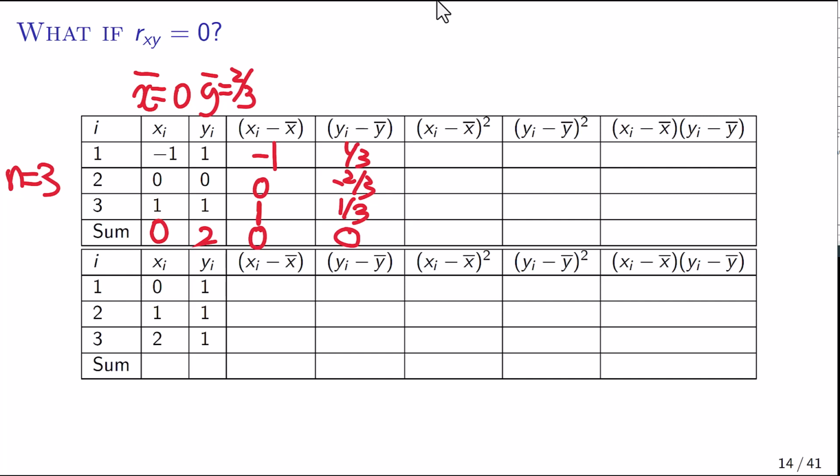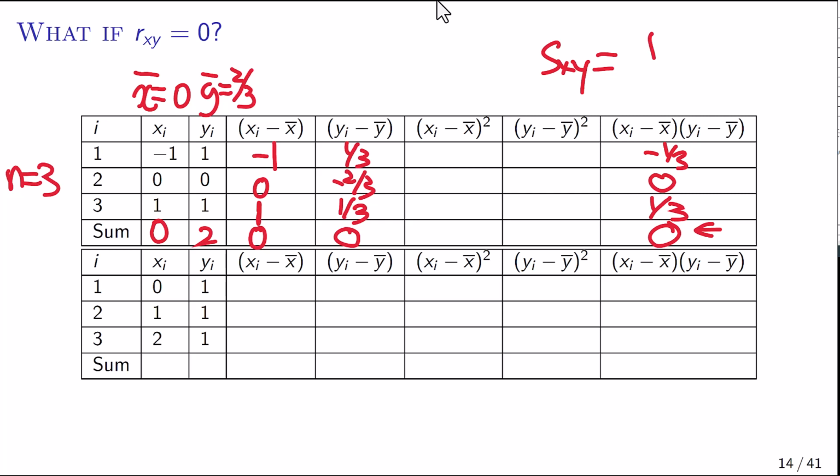So -1 times 1/3 is -1/3. 0 times -2/3 is 0. And 1 times 1/3 is 1/3. And then you add them together, what do you get? 0.